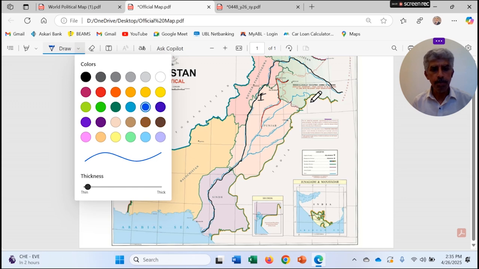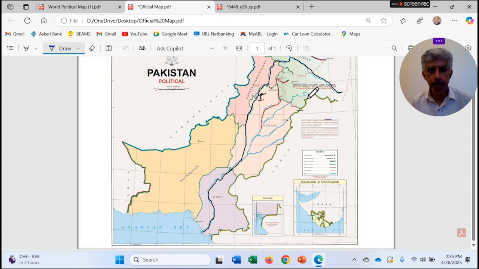Then river Chenab originates in Kashmir, moves southwestwards and joins river Jhelum over here right in the center of Punjab almost.